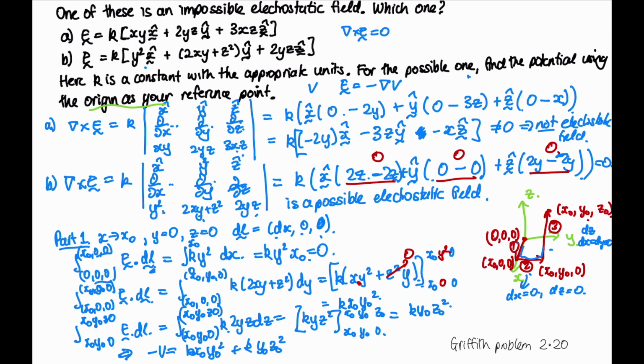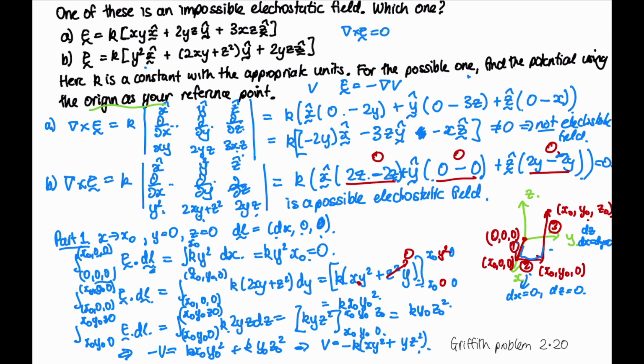And so this tells us that V is equal to minus k (xy squared plus yz squared). And now let's just check that we've done this correctly.